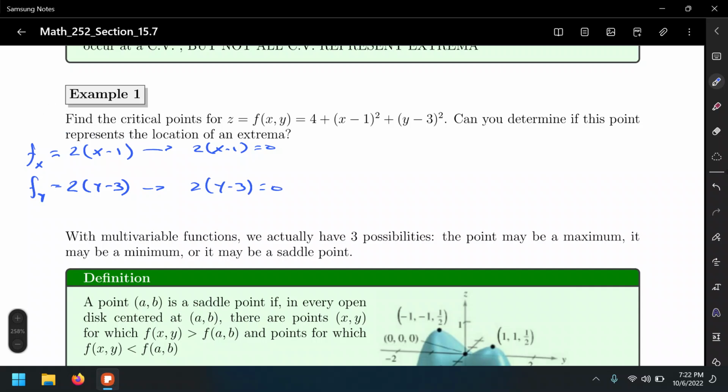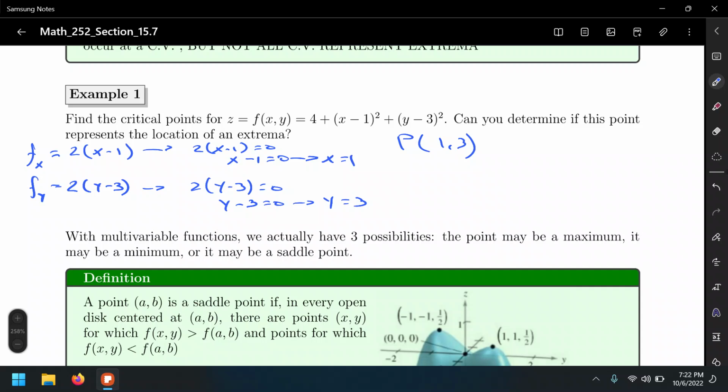This means, divide both sides by 2. We get x minus 1 equals 0, which means x equals 1. And over here, divide both sides by 2: y minus 3 equals 0, and y equals 3. So the critical point is going to be the point P (1, 3).